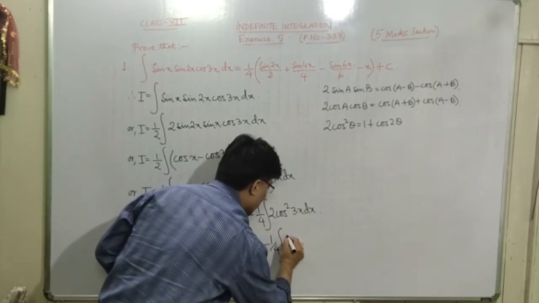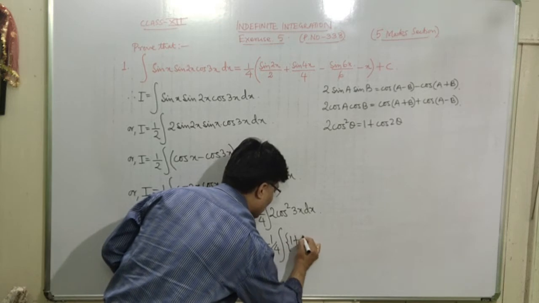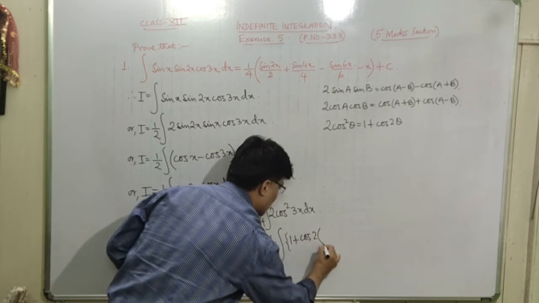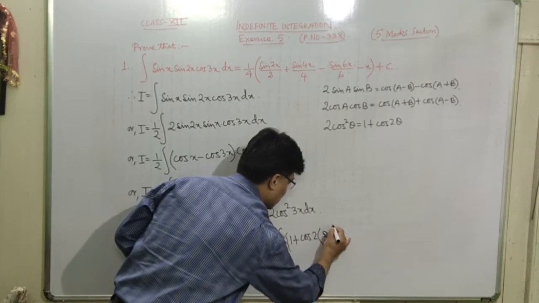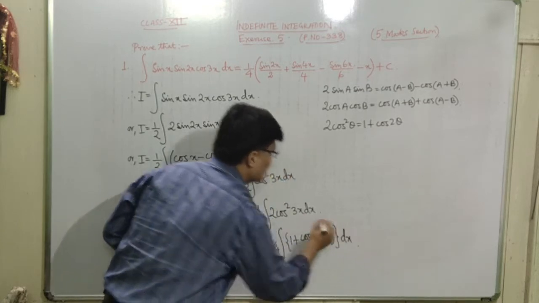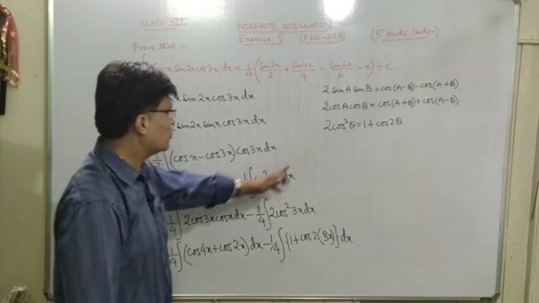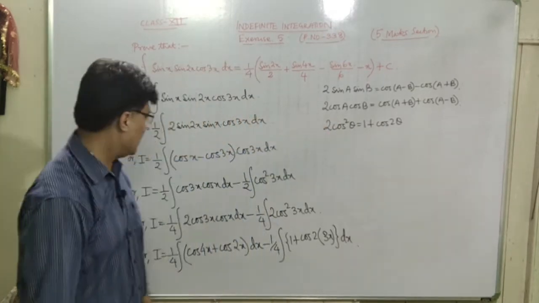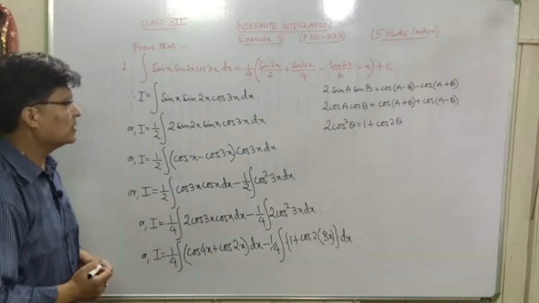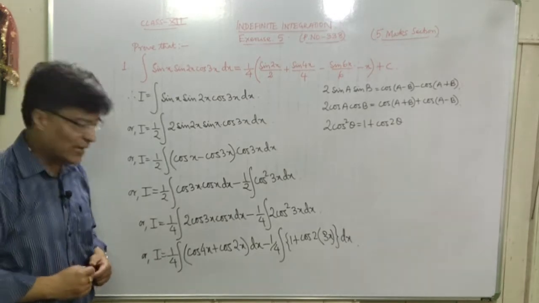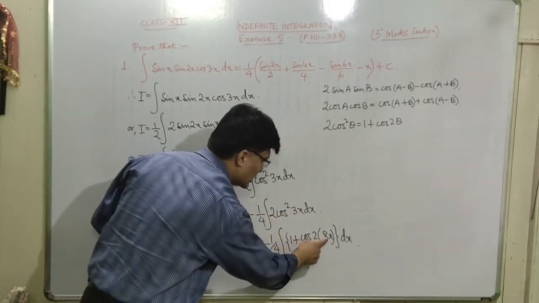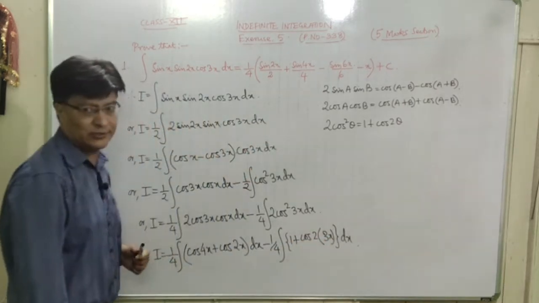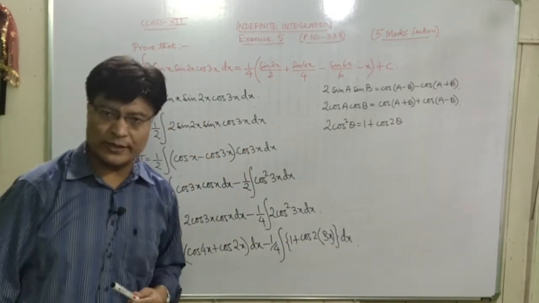So in this case, we are using the formula 2 cos square theta is equal to 1 plus cos 2 theta. Here theta is 3x, so I think you have understood it.